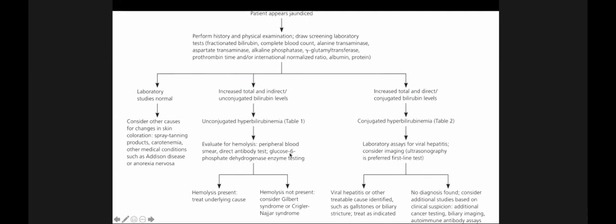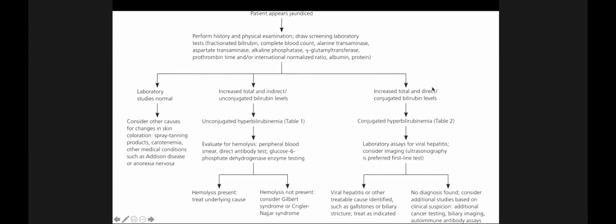You can think of G6PD deficiency, enzyme testing depending on the case. Look for other features of hemolysis like we mentioned. If hemolysis is present, that is the cause of this jaundice, and you treat that cause. If it's not present, you can think of Gilbert syndrome, or less commonly Crigler-Najjar syndrome, right?